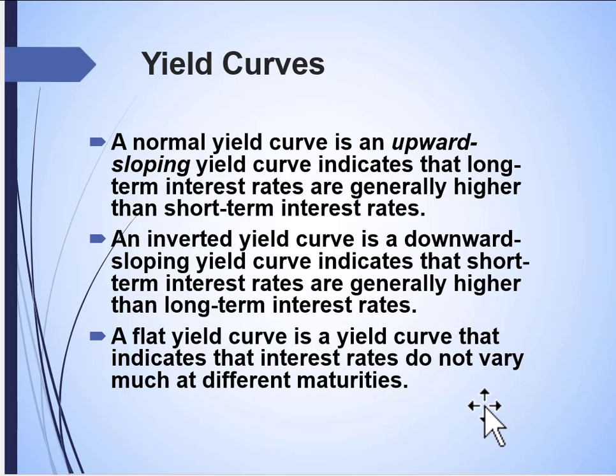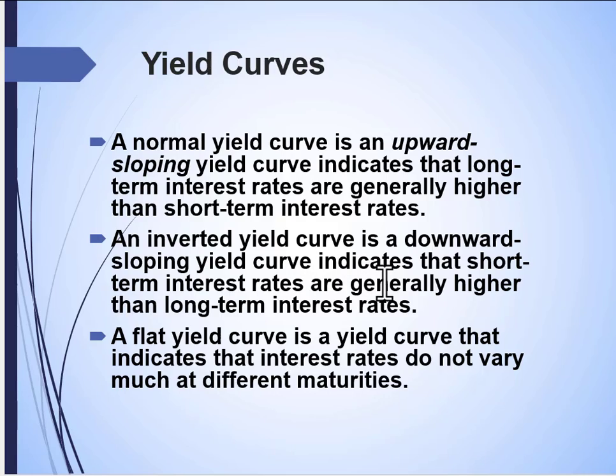Now, this yield curve can have different shapes. It could be what's referred to as an upward sloping curve or a normal yield. This basically indicates that long-term interest rates are higher than short-term rates. Now, there are occasions, although very seldom, where we have a downward sloping yield curve, sometimes referred to as inverted.